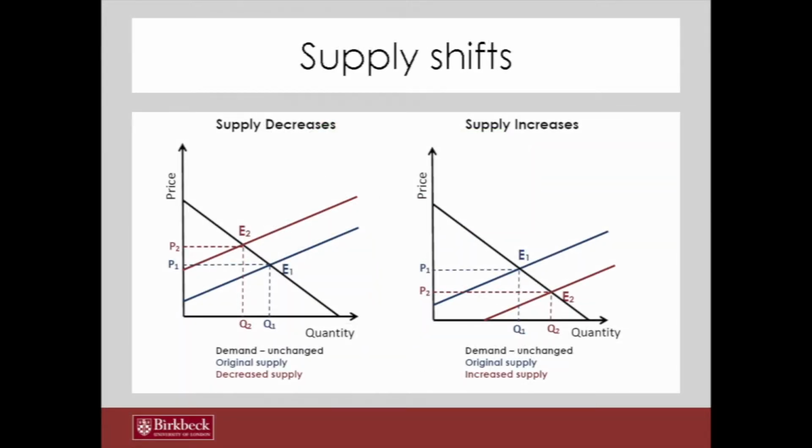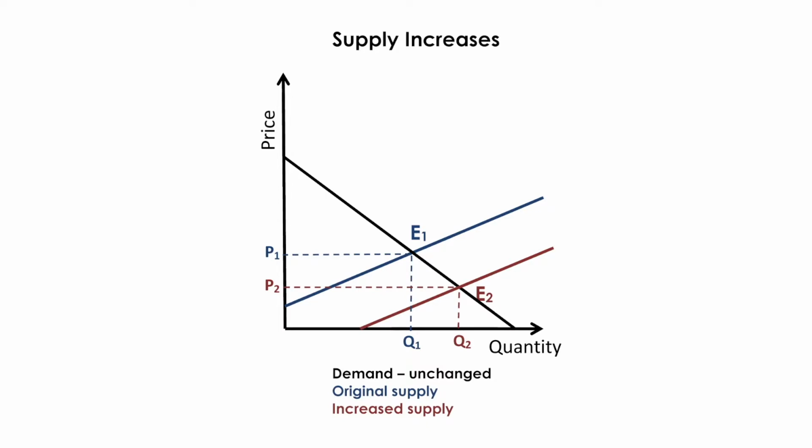In the other graph, which is titled supply increase, when we look at E1 and E2, we can again find that for E1 I have got Q1 and P1, and for E2 I've got Q2 and P2. But what happened here to the quantity? From equilibrium 1 to equilibrium 2, the quantity increased.